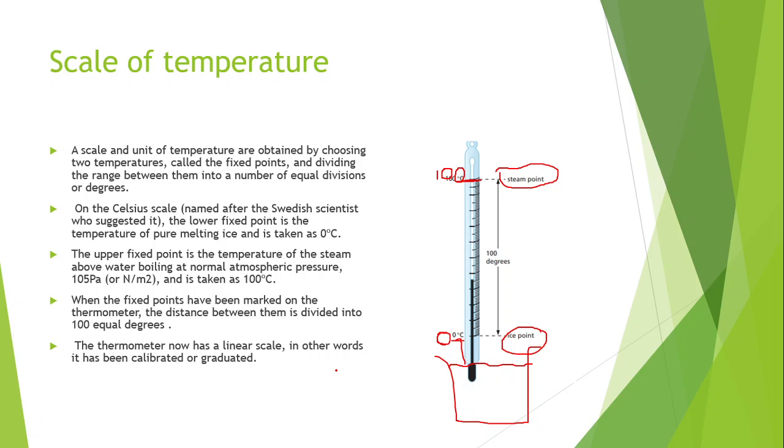In other words, we can also say that the thermometer has been graduated or calibrated now. Between 0 and 100, we divide into 100 divisions or major 10 divisions, and this is going to be 10, 20, 30, 40, 50, 60, and so on till 100 like that.